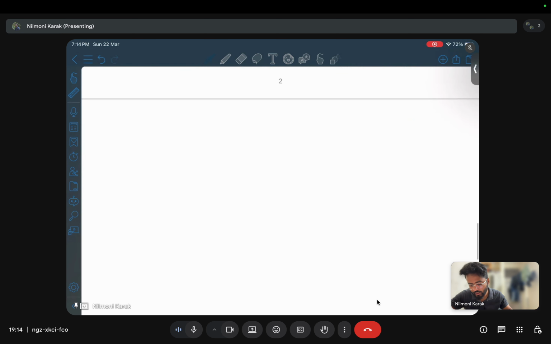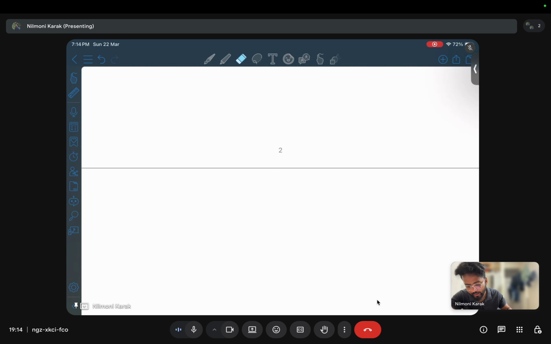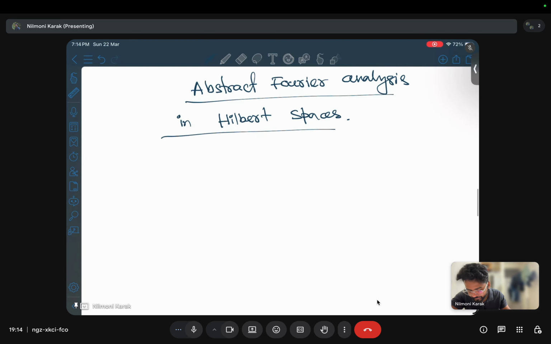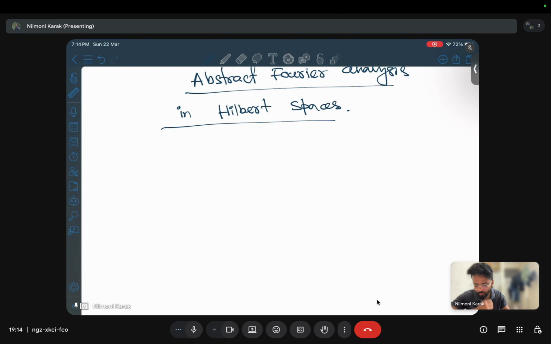Then we move to another new topic: abstract Fourier analysis in Hilbert spaces. Briefly we will recall.